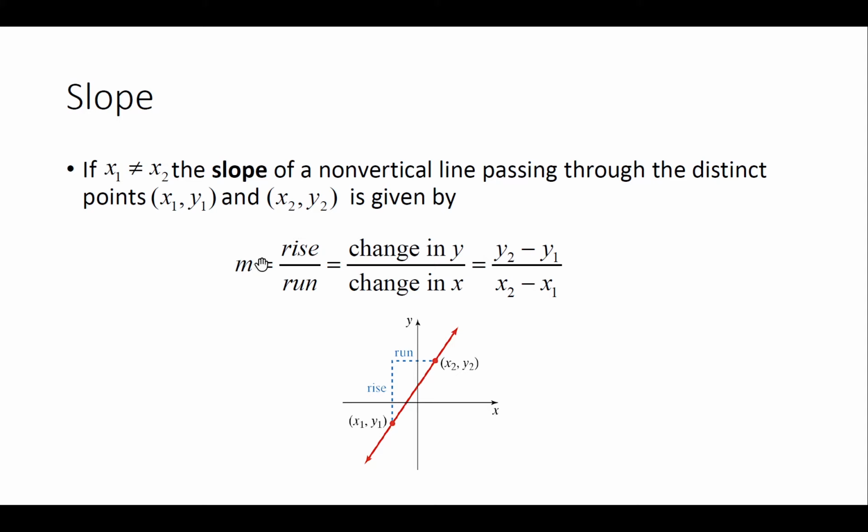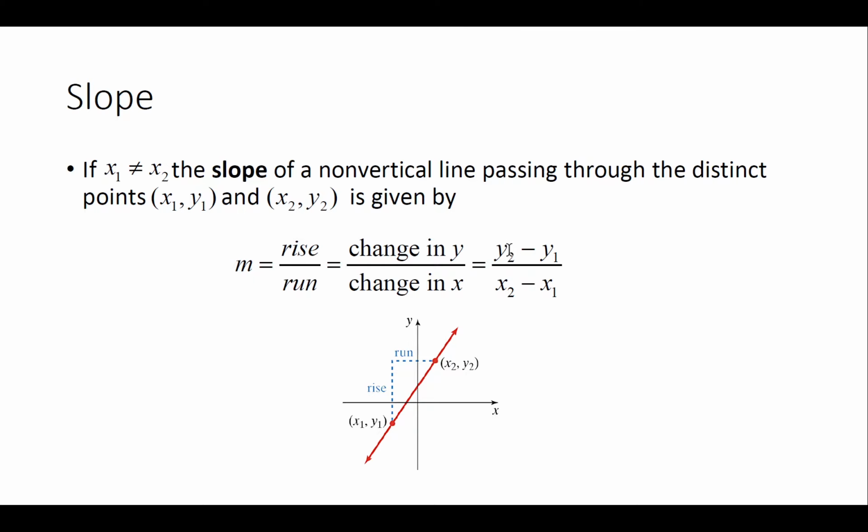So the slope of a line, if you know 2 points, can be found by finding the ratio of rise over run, which is actually change in y over change in x, which is the difference of y coordinates over the difference of x coordinates. In this formula, make sure that if you are subtracting y1 from y2 on the top, then you have to subtract x1 from x2.